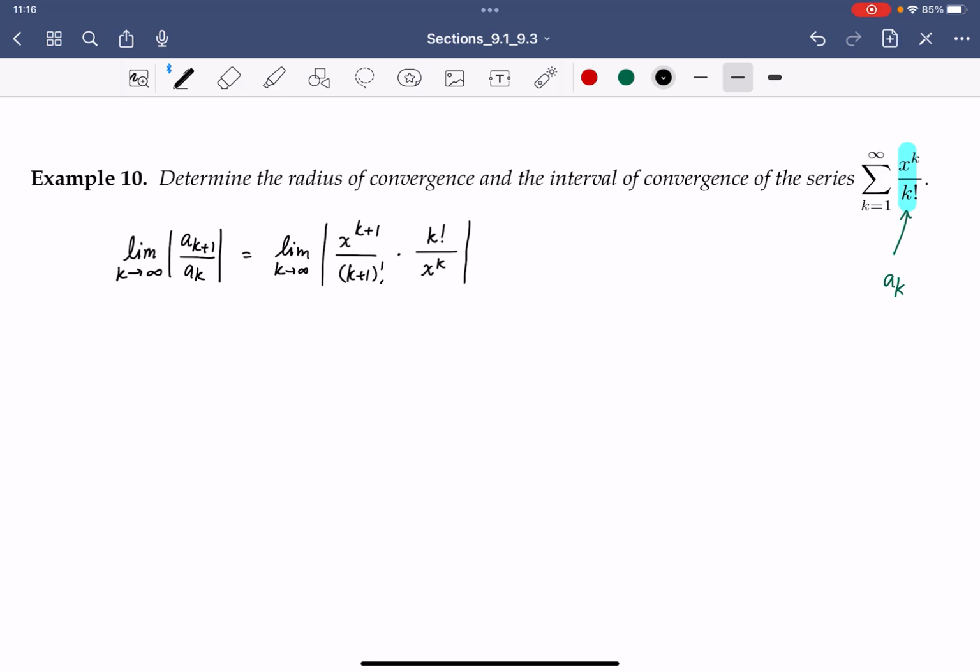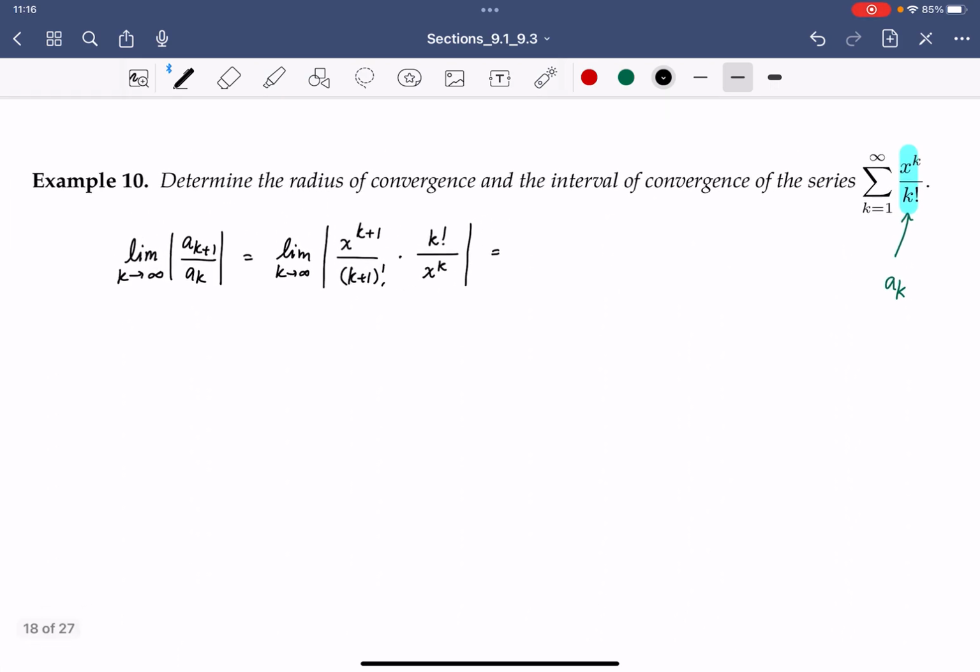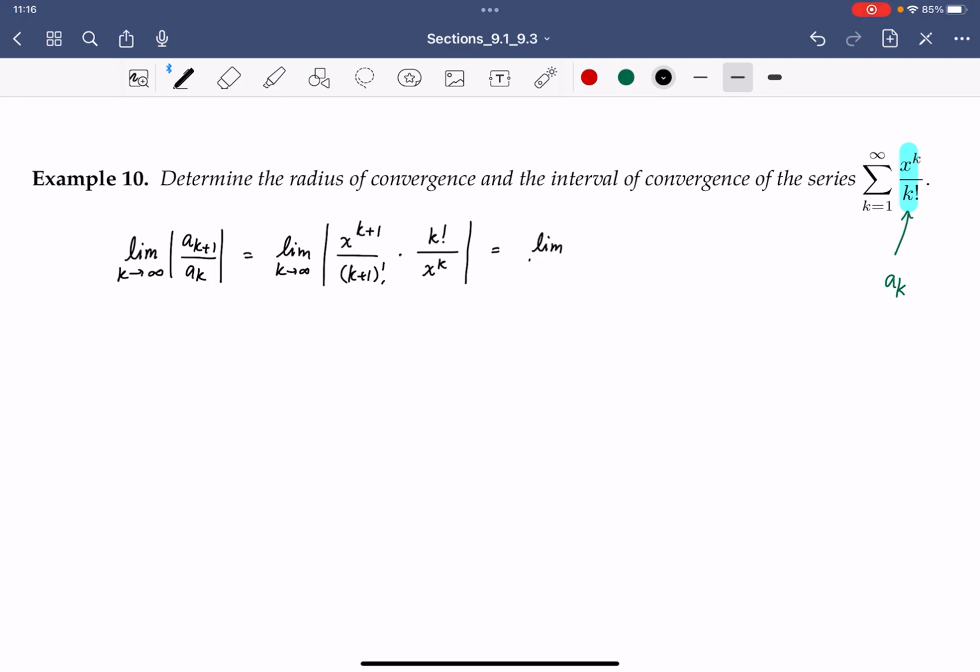You just plug in what you have for a k over there, and then now you cancel out. So you're going to have the limit, x to the k plus 1 is going to cancel out with x to the k.